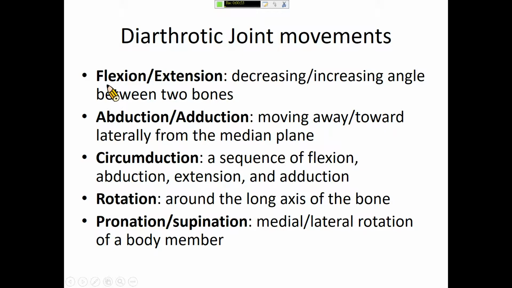These describe the joint movements, and sometimes it's very confusing.